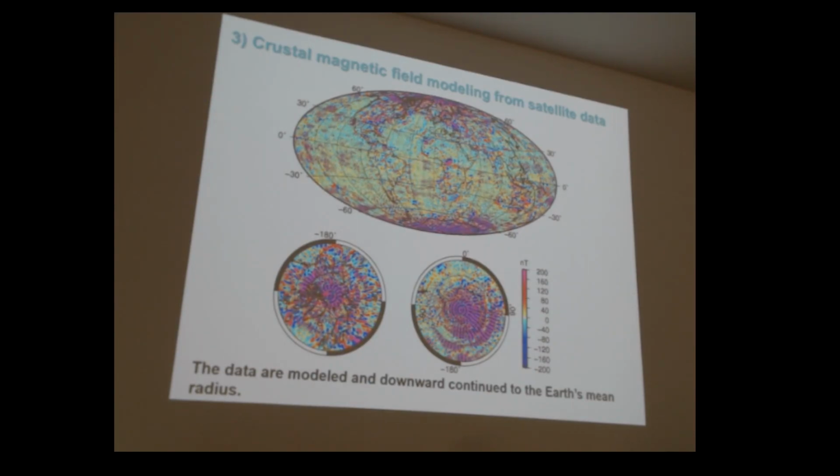This is the potential. This is the magnetic field. You got the data from here, and you want to plot the data at the Earth's radius a.